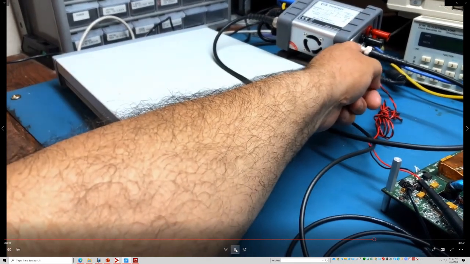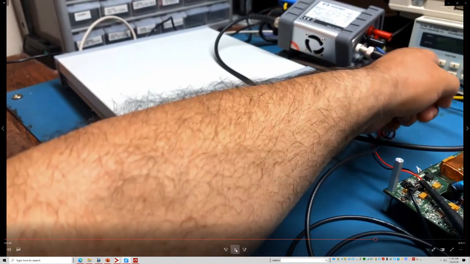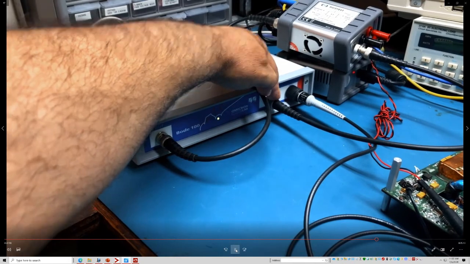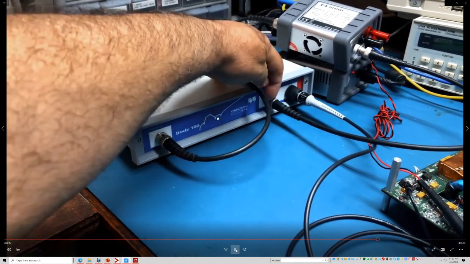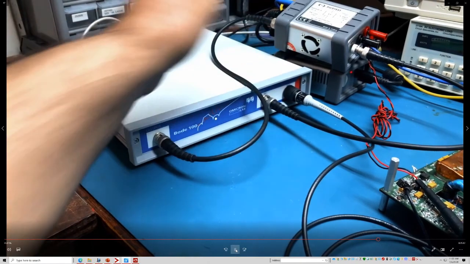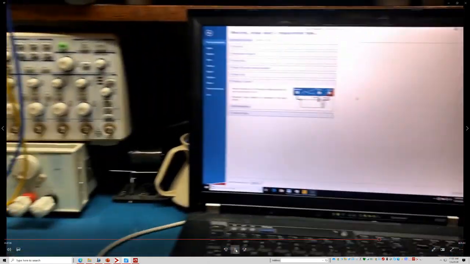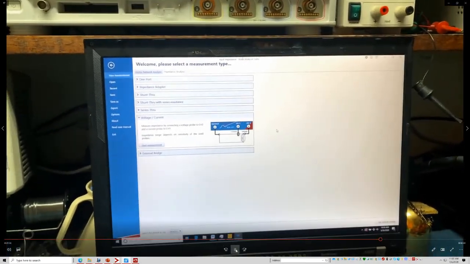That signal, the output, which is the iSense or iMonitor, is routed to channel 1. So this is voltage, this is current. They divide it and we get impedance. Now we go to the computer and we start taking the measurement.